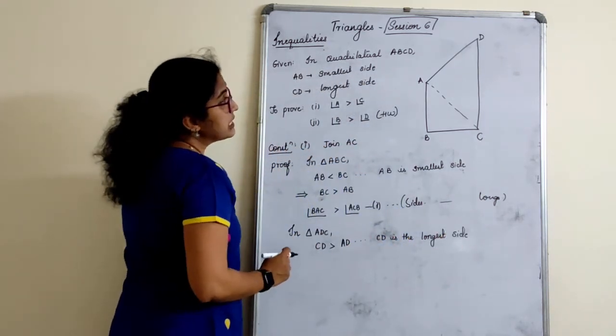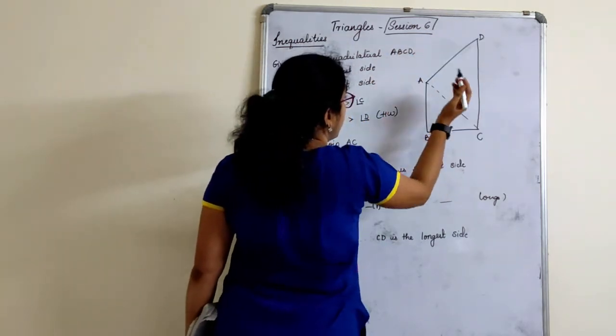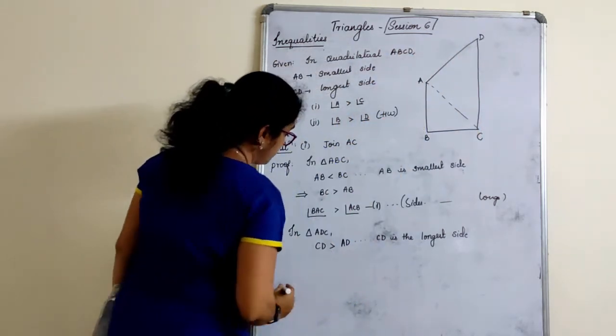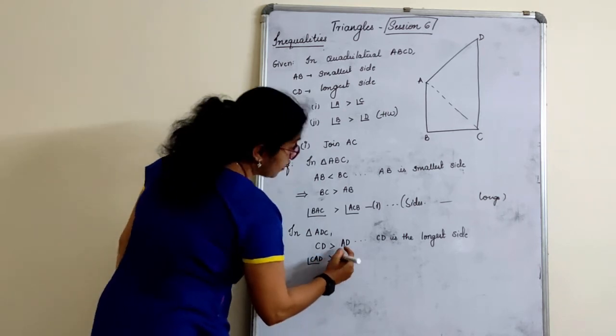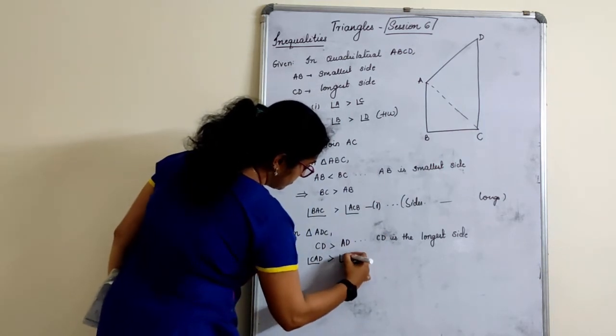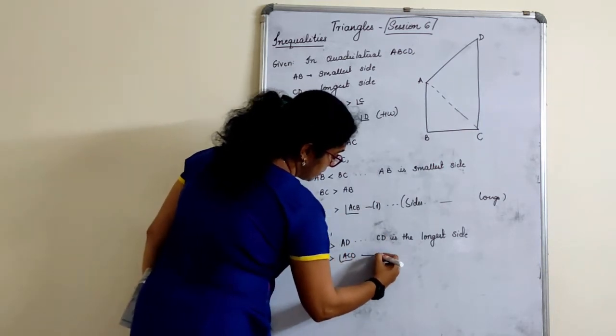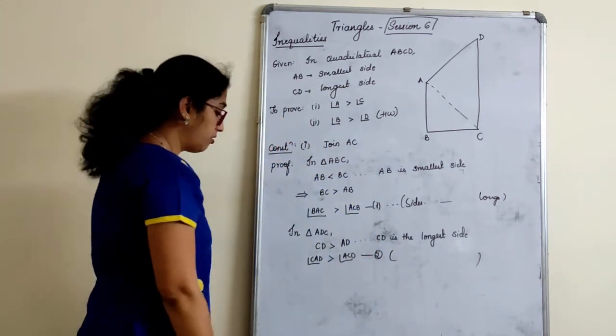With respect to CD, what is the angle? So CD is the side, angle is CAD. For AD, it is ACD. Equation 2. Sides opposite to greater angle are longer.